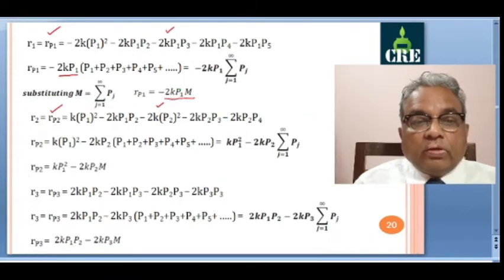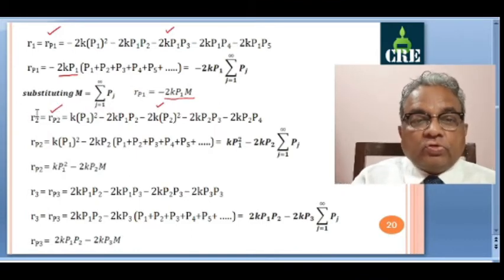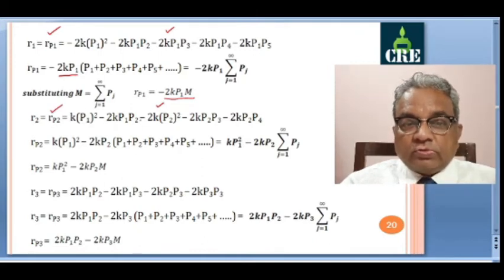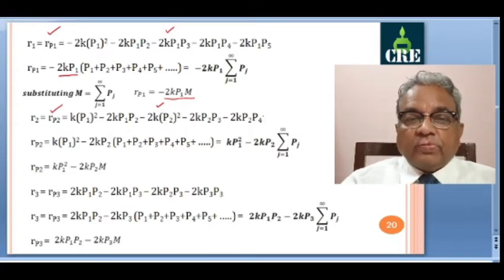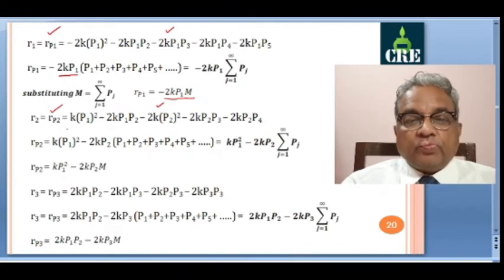Now here, as we are writing rate of formation of P2, there is only one term from the rate law where we have defined it as rate of formation, and all those terms, P1 P2, P2 square, P2 P3, P2 P4, are appearing as rate of disappearance with positive sign. So we are writing all these terms with negative sign for indicating rate of formation of P2.